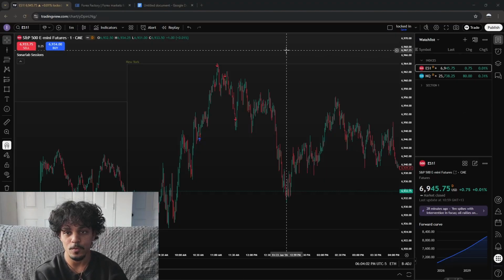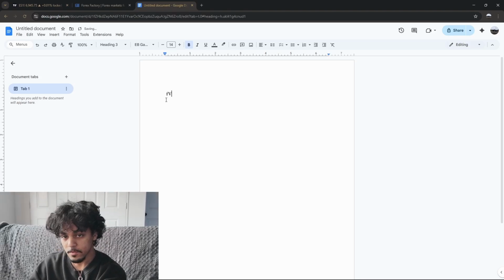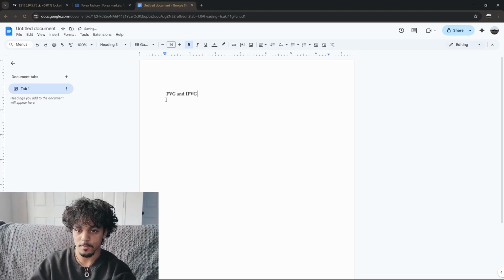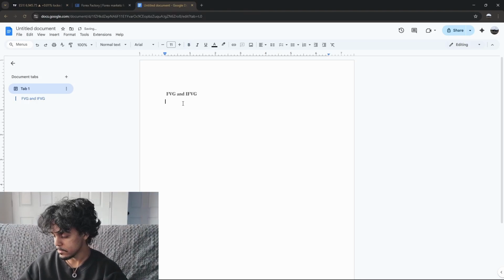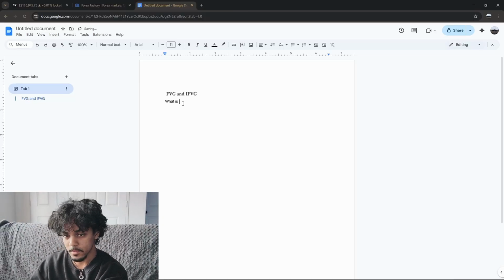We're going to create a document saying fair value gaps. Okay, let's start simple. What is a fair value gap?